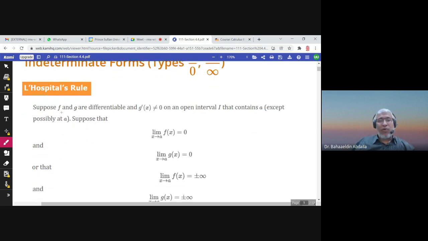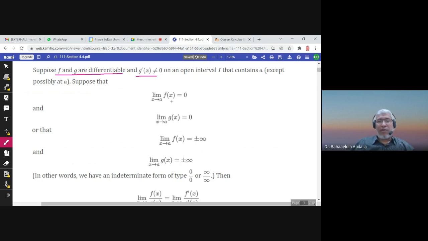L'Hopital's rule. Suppose f and g are differentiable. The derivatives exist. g prime is not 0 because g would be in the denominator. And limit of f is 0 and limit of g is 0.